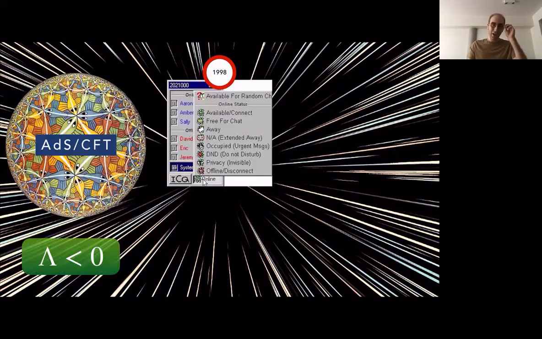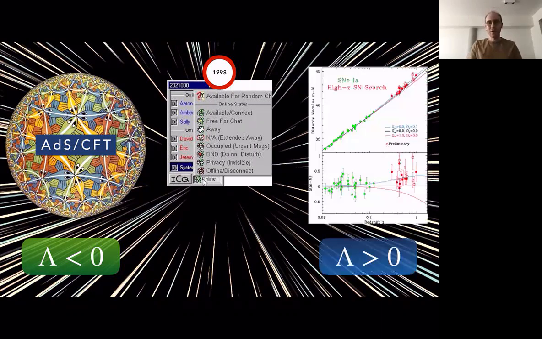On one side, we have the ADS-CFT correspondence, the first realization of the holographic principle, showing us how spacetimes with negative cosmological constant emerge from some kind of conformal field theory in the boundary, and I guess this HOLOGRAV group should know about it. But at the same time, there were some nice experiments going on, looking at the sky and looking at supernova explosions.